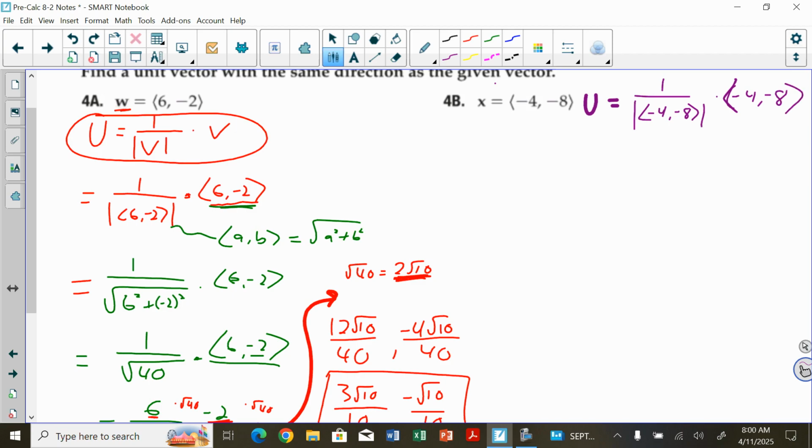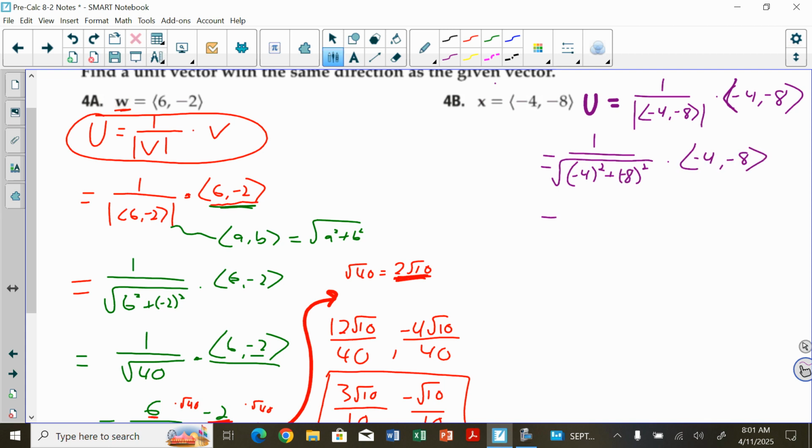And I'm just kind of placing that over there because I'll use that later. All right. So now it basically becomes 1 over negative 4 squared plus negative 8 squared, all under the square root because that would be the magnitude of it. And then we're going to multiply by this later on.